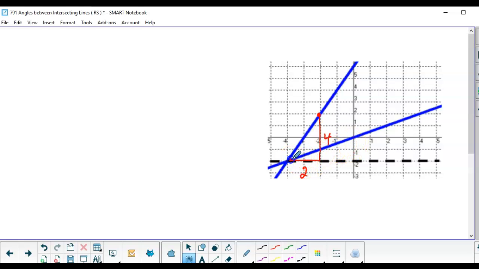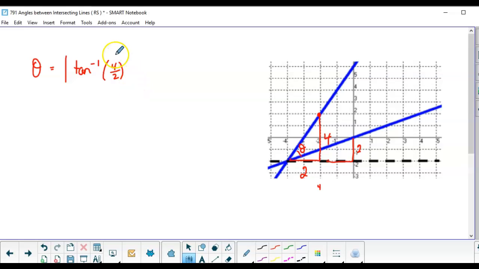And then on this one, I'm going to go here, and that's 2 and 4. I'm going to do it all in one step here. So theta, which is this angle here, is going to be equal to, I'll take the larger one first.